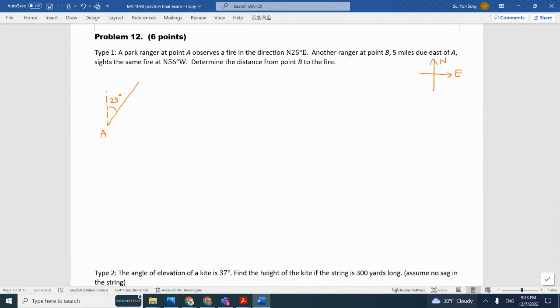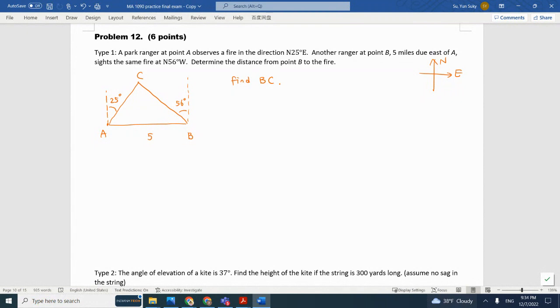And then another ranger at point B, 5 miles due east of A, so 5 miles. And then we see this is north, 56 degrees due west. And then determine the distance from point B to the fire. So we want to find the side BC.